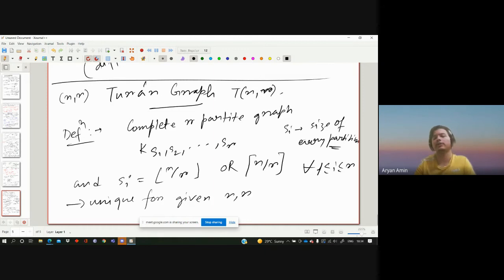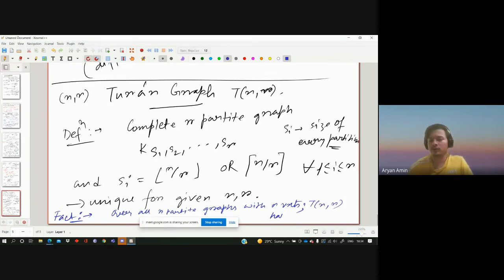Another thing I'll state as a fact, which you can try to prove yourself: over all r-partite graphs with n vertices, the Turán graph has the max edges.